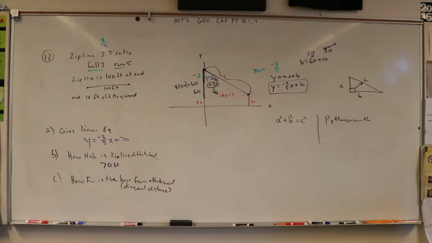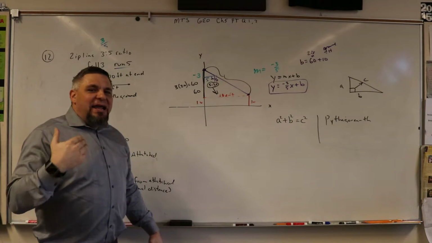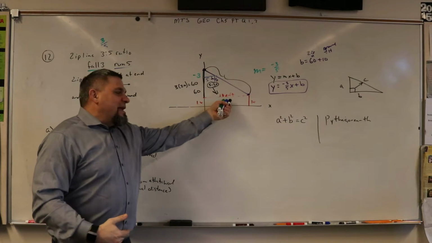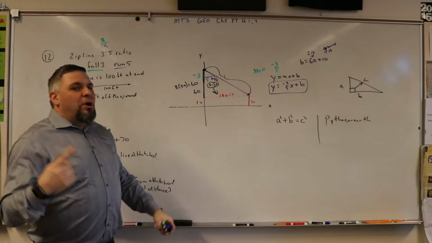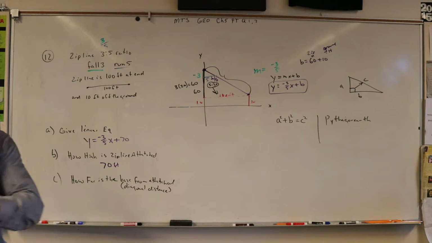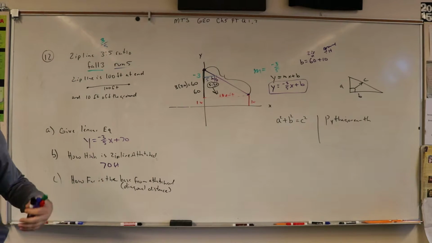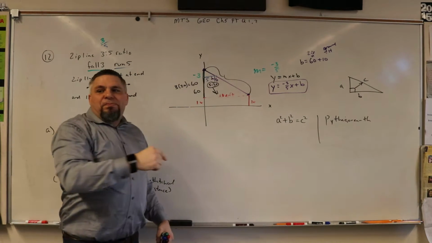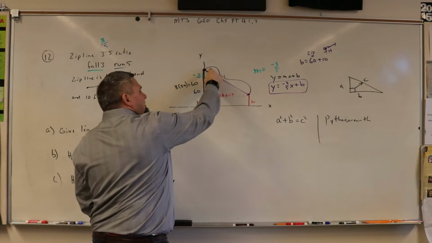So which one do you want to do? This is the fun part to me, because I could do the 60 and the 100, or I could do the 3 and the 5. Why not do the 3 and the 5? We'll figure out this length. Why am I going to figure out this little guy?